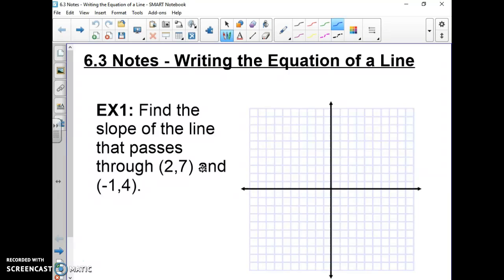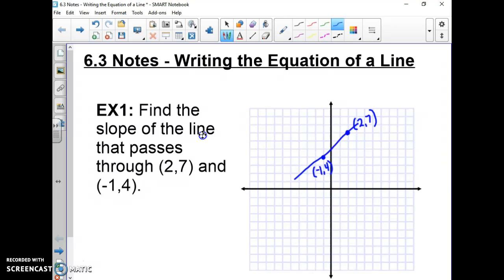So, (2, 7) would be right here, and (-1, 4) would be right here. And we are looking at the slope of the line that passes through these points.